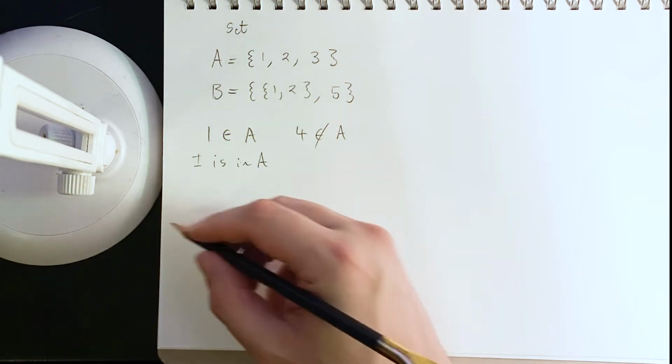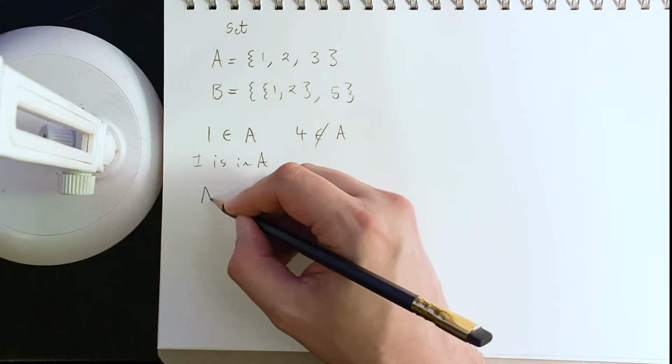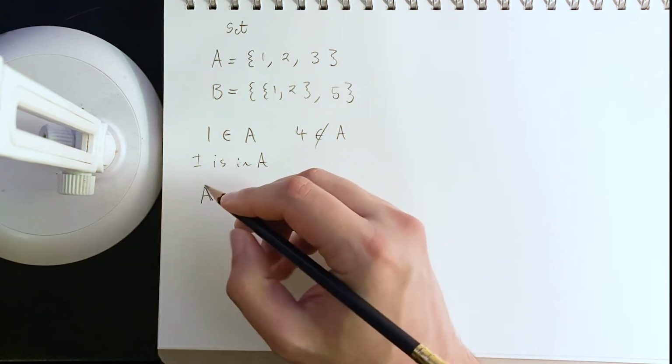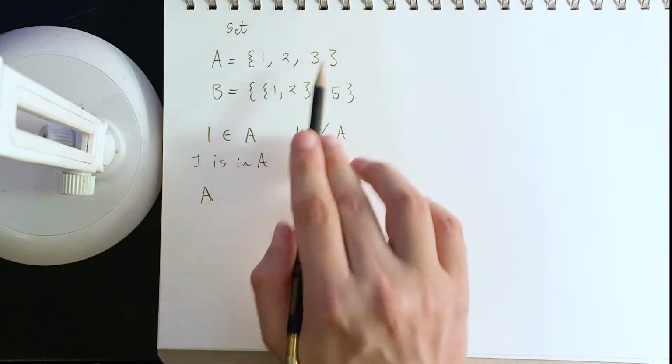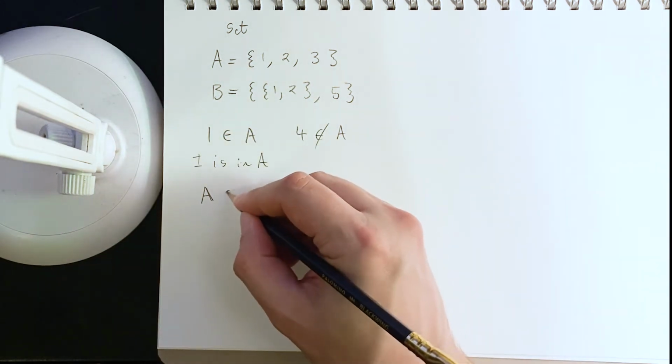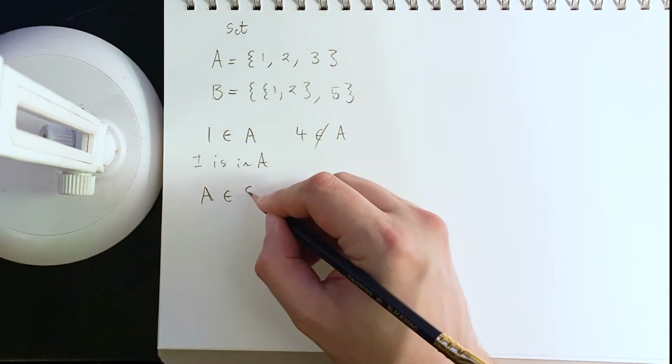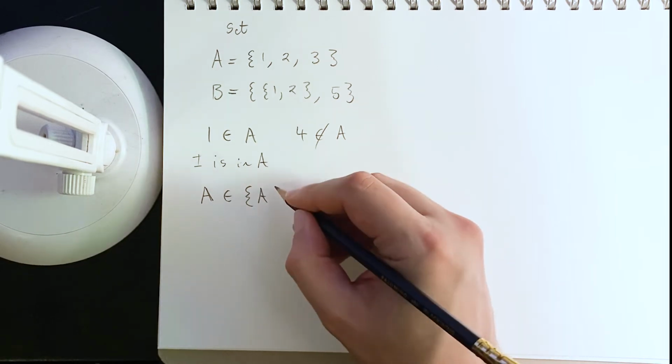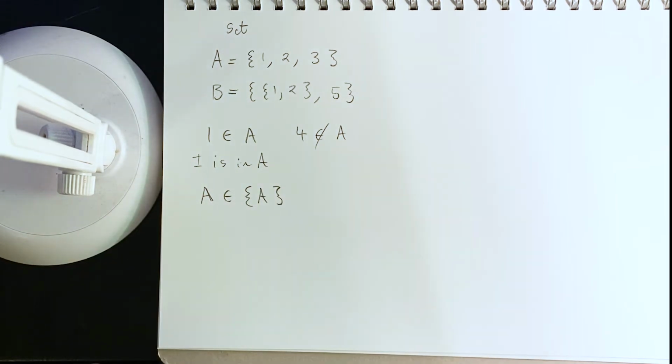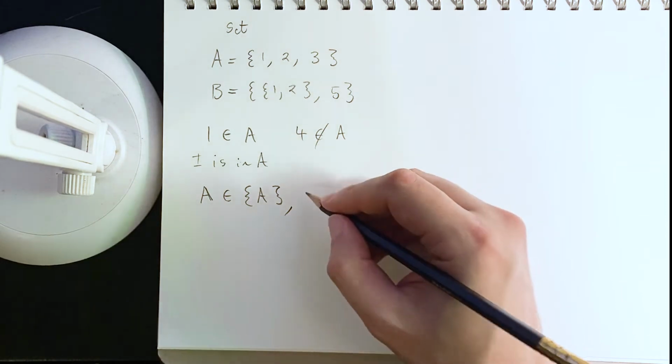It's possible to say, okay, A, and it doesn't matter what A is. A could be this thing up here, A could be something else, it will always be an element of the set containing that thing. But the reverse is not true.